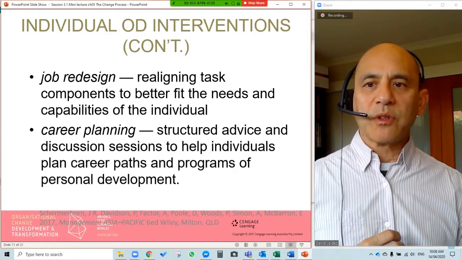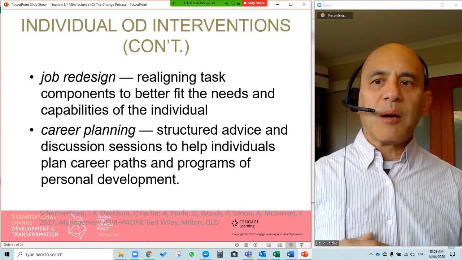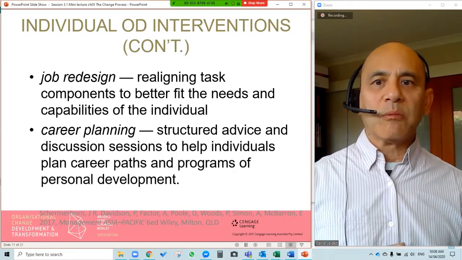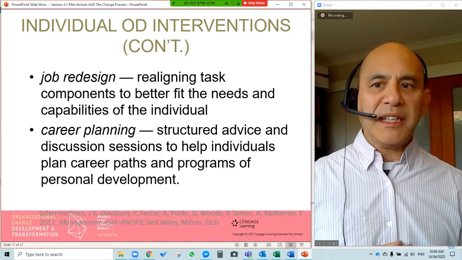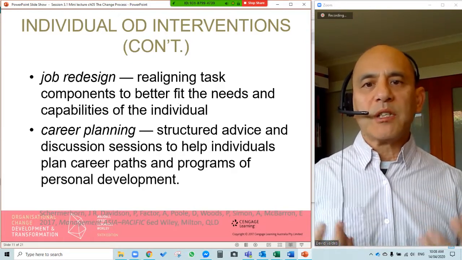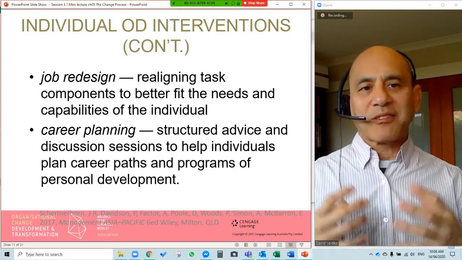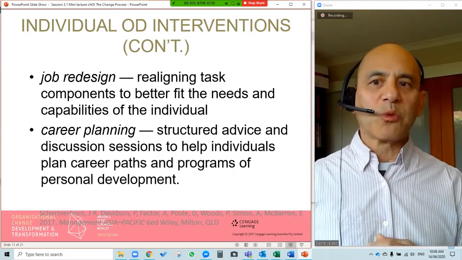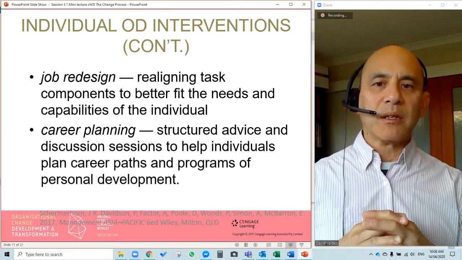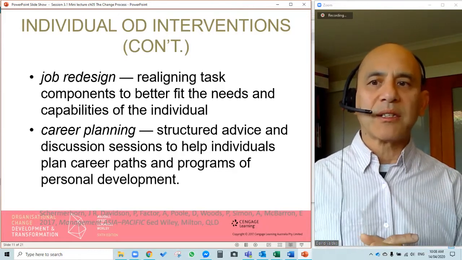Other examples of individual OD interventions include fixing the job, or redesigning the job to realign the task components to better fit the needs and capabilities of the individual. This individual may be very poor at, for example, maths, and maybe part of his role is to do math analysis.